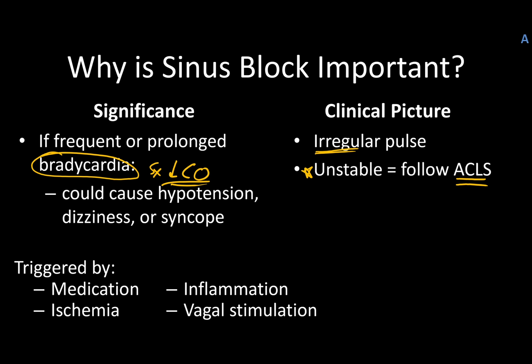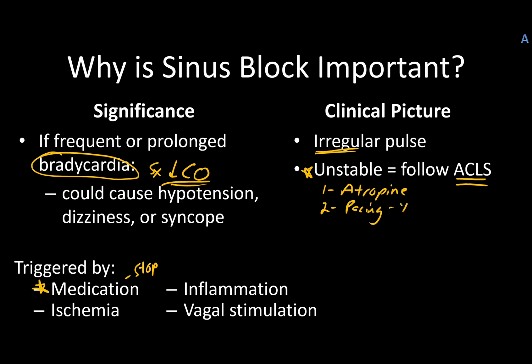Just to review this real quickly, it's pretty straightforward. If it's due to a medication, stop that. Pretty straightforward, right? If they continue to be unstable, your quick interventions are going to be atropine. If you have IV access, try and get that. If you don't have IV access, your next best one is going to be pacing.